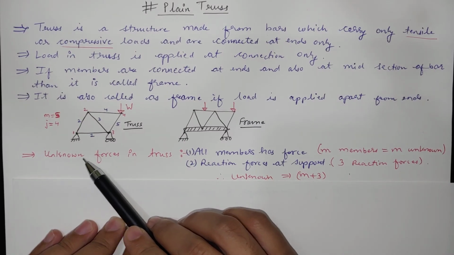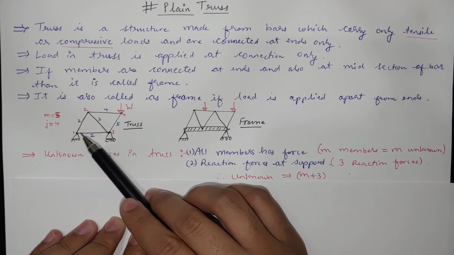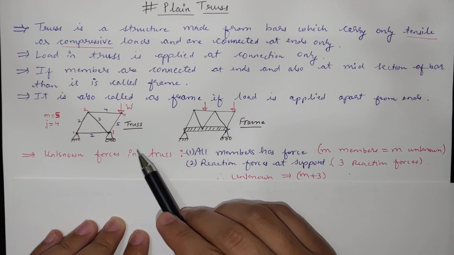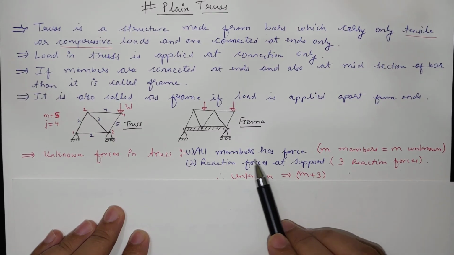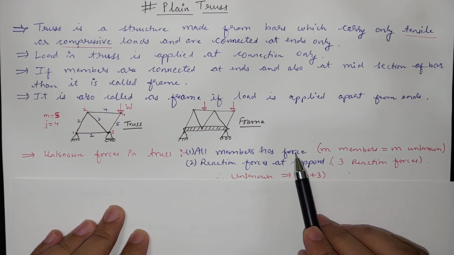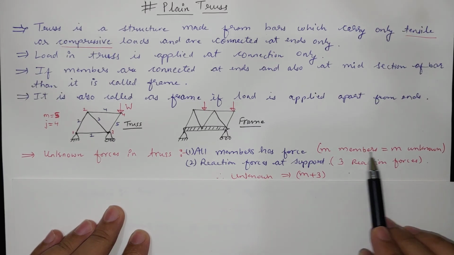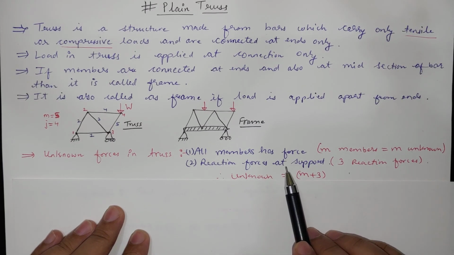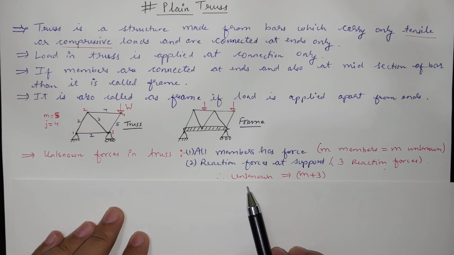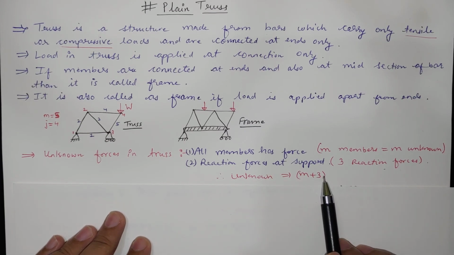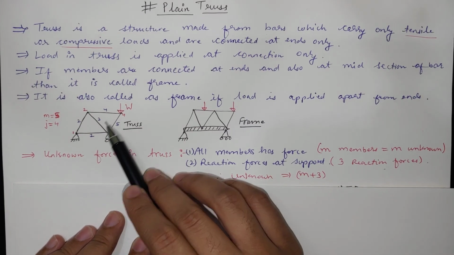Now all the members will have one unknown force, either tensile or compressive. So M members means M unknown forces, and reaction forces at support will be 3. So total unknowns will be M plus 3.